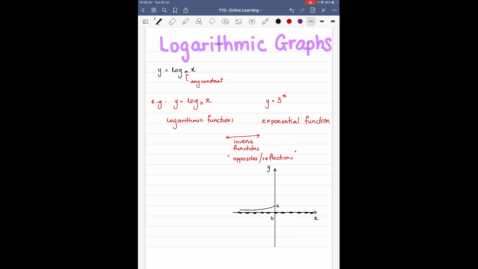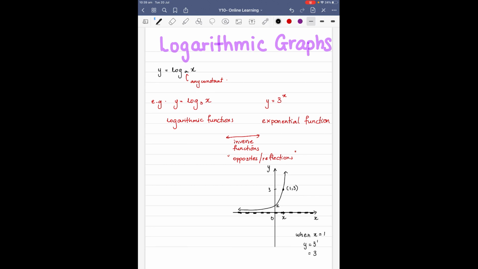Once you hit 1, it cuts through 1 and speeds up rapidly at an exponential rate. That's your exponential graph. Always label a point. Let's say we sub x as 1 into this equation. When x is 1, y equals 3 to the power of 1, which is 3. So that would be the point (1, 3).